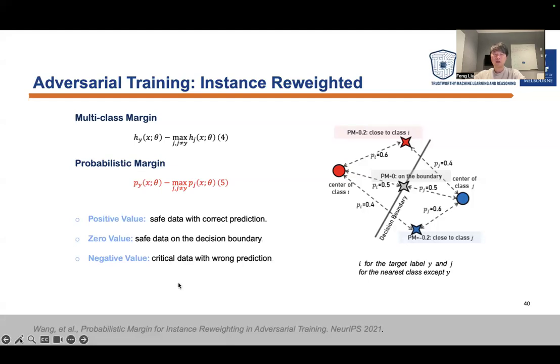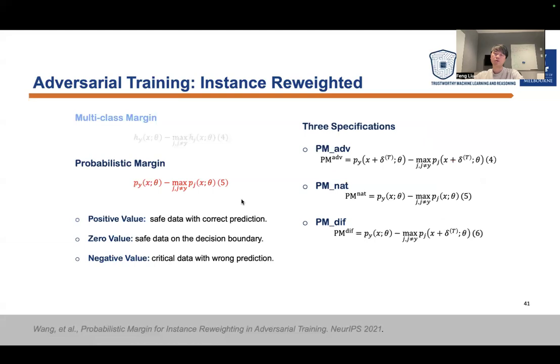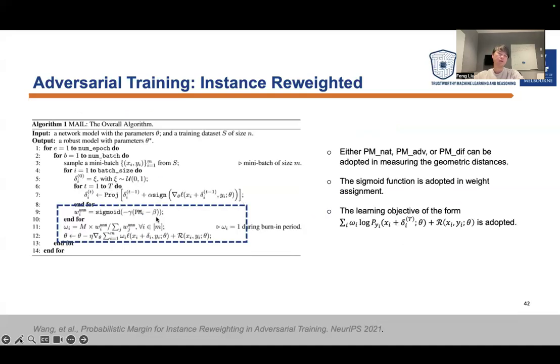And negative value means critical data with wrong prediction. So we can just use this probabilistic margin value to help us identify whether it's closer to the decision boundary or far away, and propose mining. So we can design mining probabilistic margin, and for each margin we can give a weighting function based on this margin, and try to get the result.